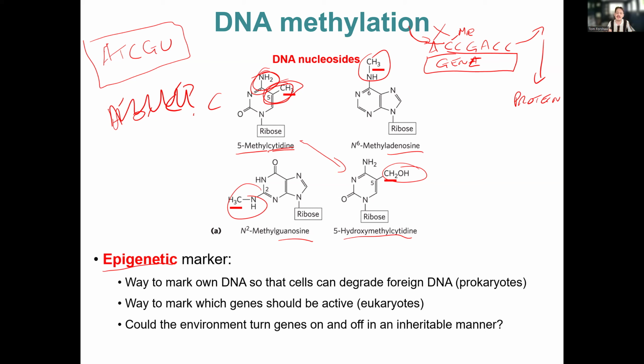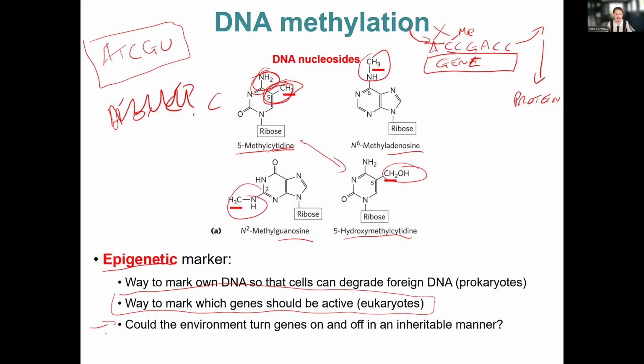Something's not right here. It can therefore recognize it as being foreign, and then degrade it. So viruses and things like that can be stopped from genetically modifying you. Or, like I said, it's a way of regulating your genes, switching methylation on and off. Sometimes methylation switches a gene on, sometimes it switches it off.